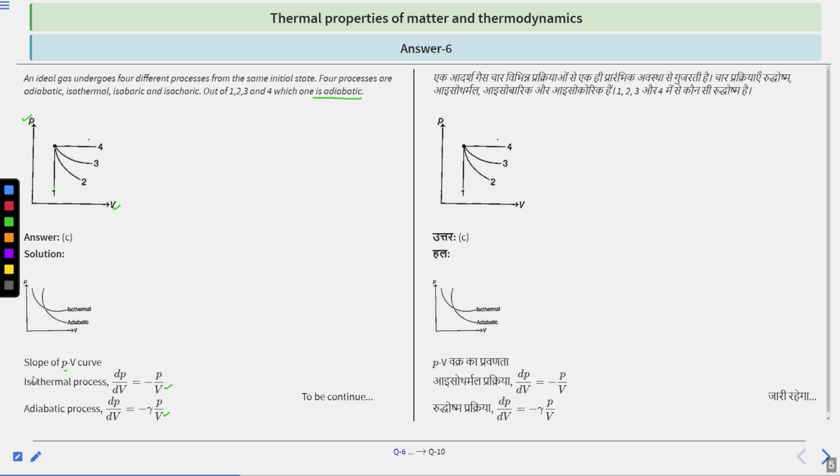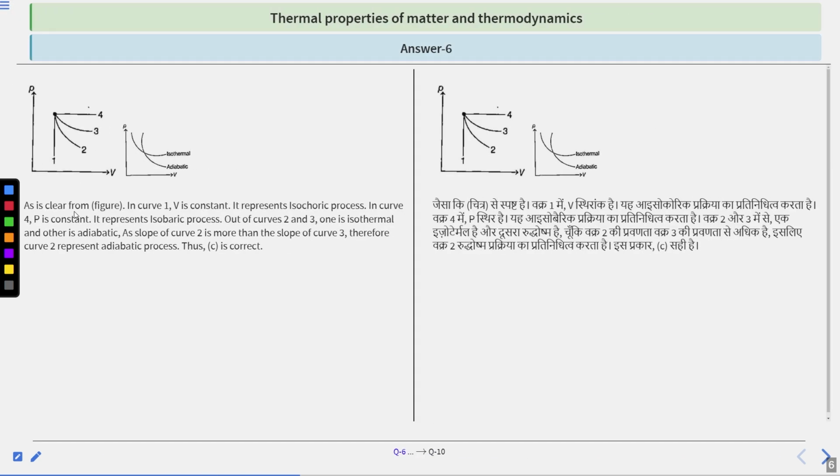These are the slopes of the PV curve for the isothermal and adiabatic processes. For the first curve, the volume is fixed, which means this is an isochoric process. In the fourth curve, pressure is fixed, so it is an isobaric process. So first and fourth can never be adiabatic. Clear?